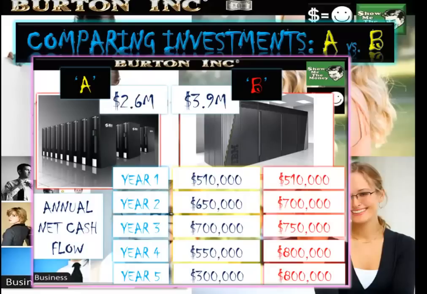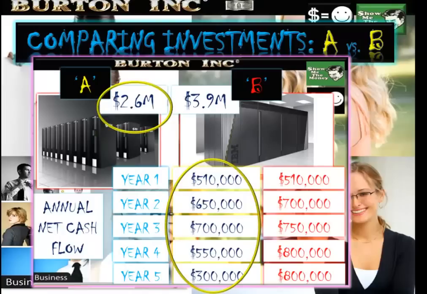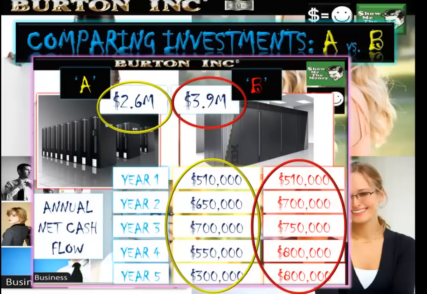You can see that investment A, asset A, costs less initially to purchase than asset B, but you can see that asset B produces significantly higher annual net cash flows. So lower cost for asset A, lower annual net cash flows, higher cost for investment B, and higher annual net cash flows.